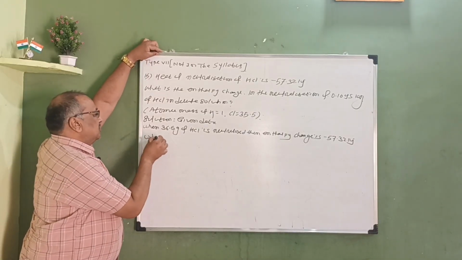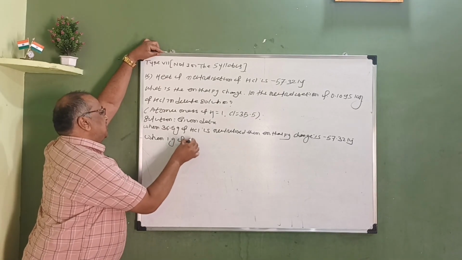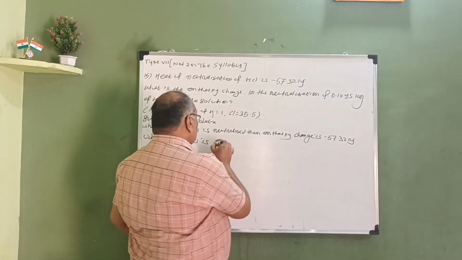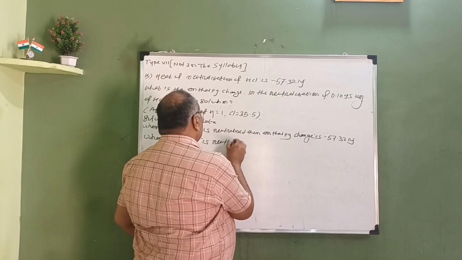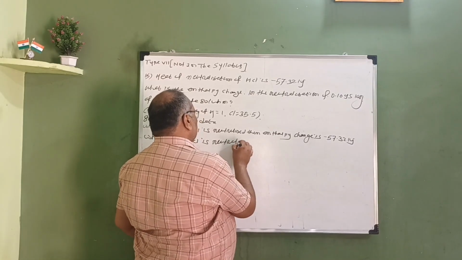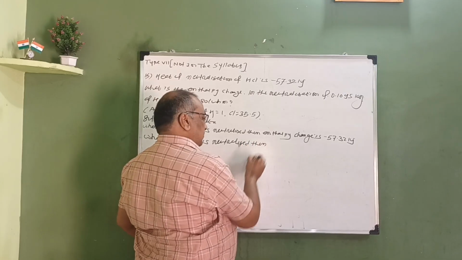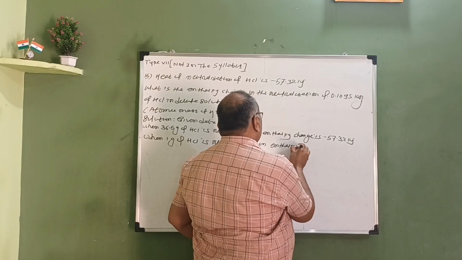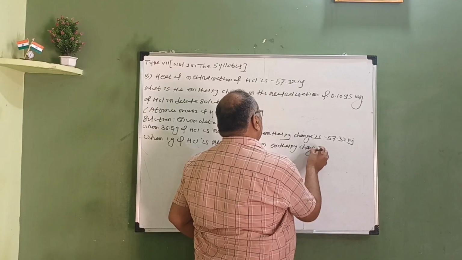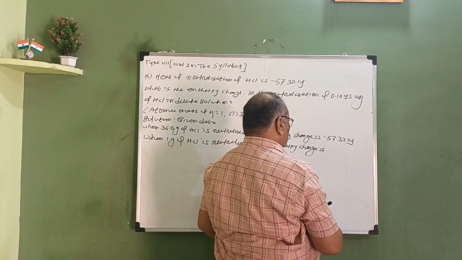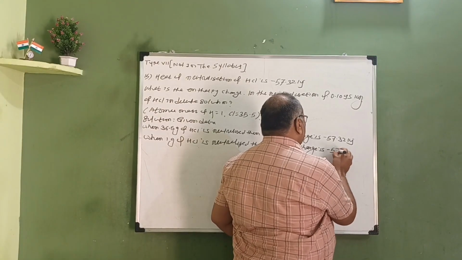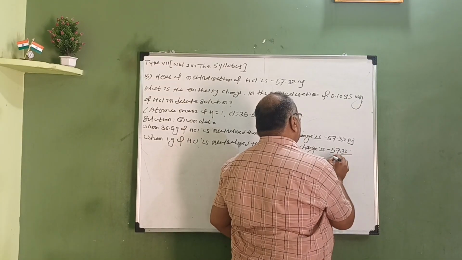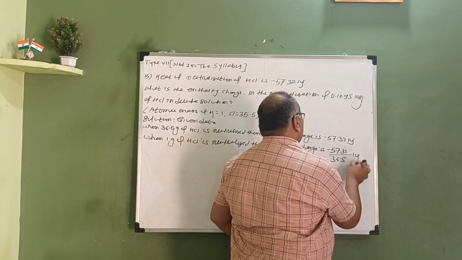When 1 gram of HCl is neutralized, then enthalpy change is minus 57.32 upon 36.5 kilojoule.